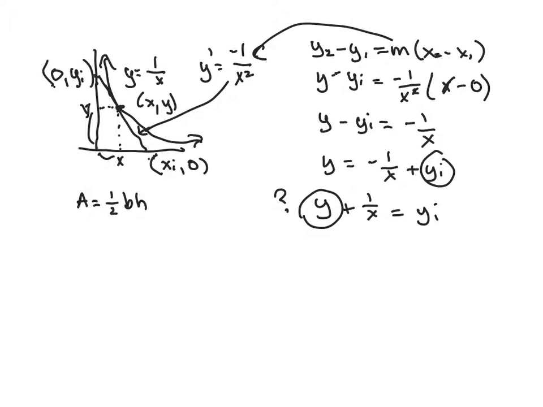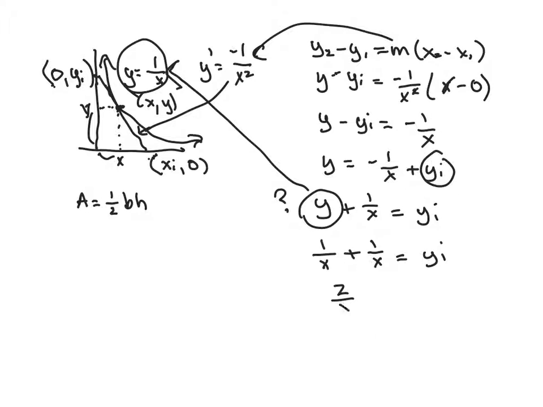Well, if you go back to the original drawing, y is equal to 1 over x. So I'm going to substitute 1 over x for y because they are equal. And I can add these together and I get 2 over x is equal to the y-intercept.